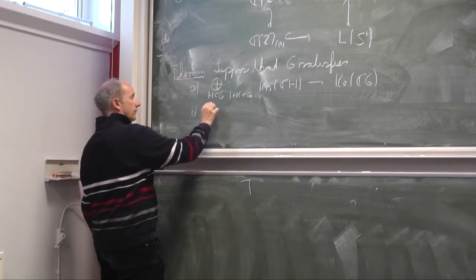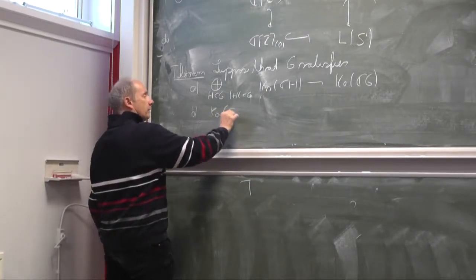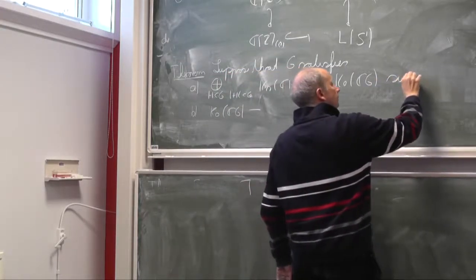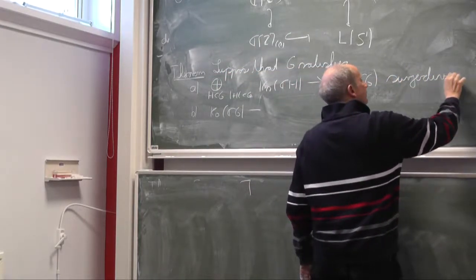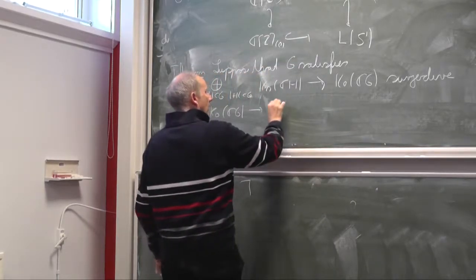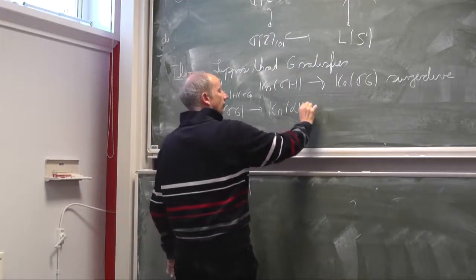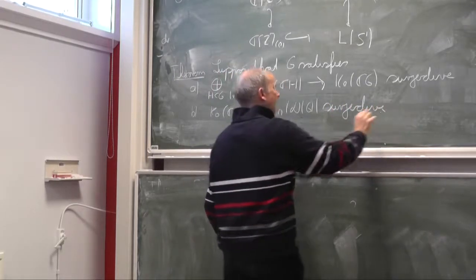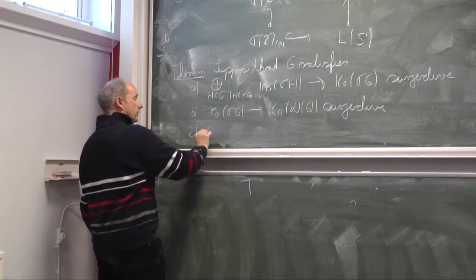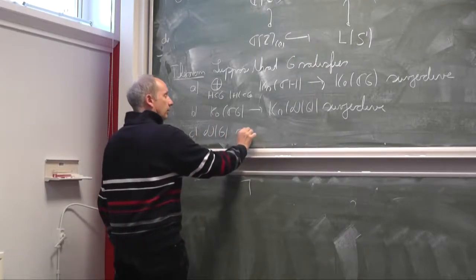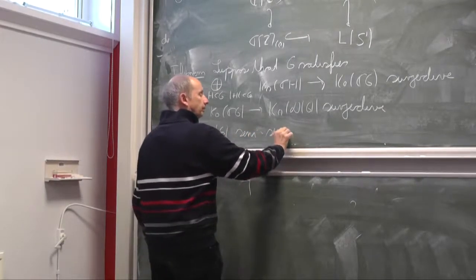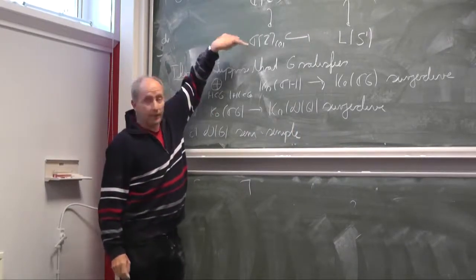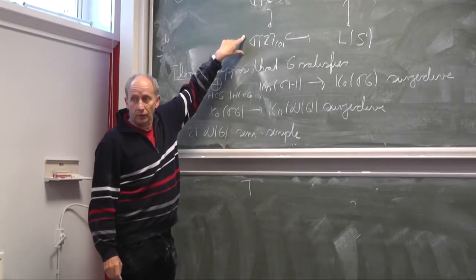The second condition is that this map must be surjective. And finally, you want to have DG is CG. If you check this here, it's obviously satisfied, all these conditions.